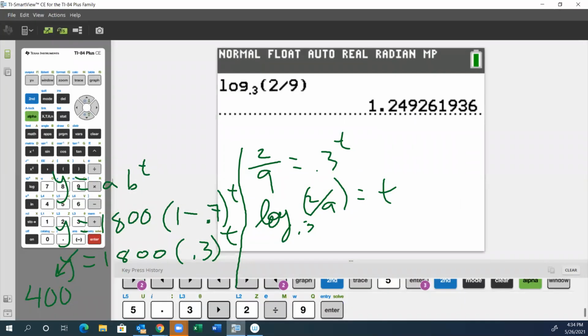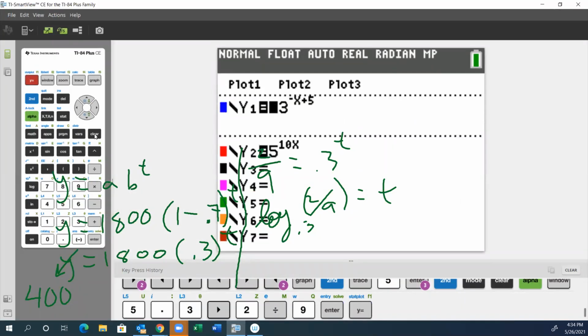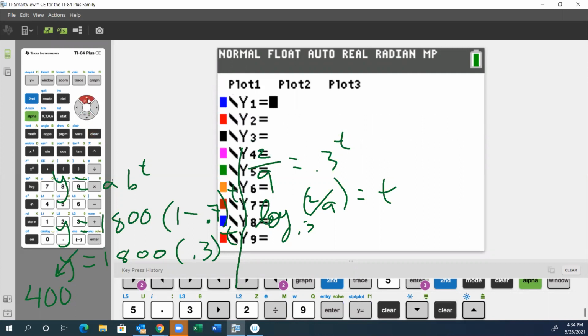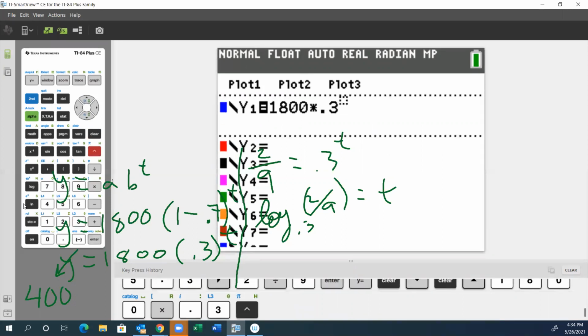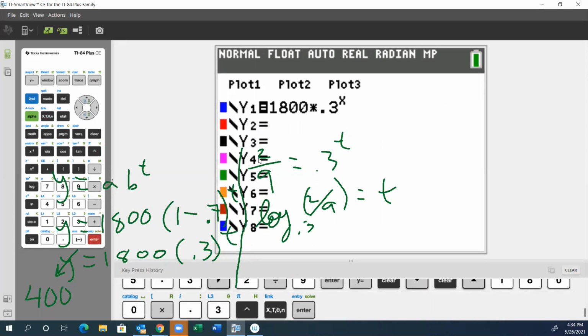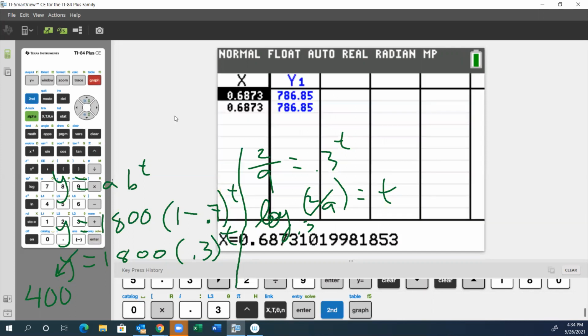Now, another way to do it, and this is worth seeing, would be to take that original function, 1,800 times 0.3 raised to the x power, the time. And if I go to the table, I want to know when this thing gets down to the $400 value.